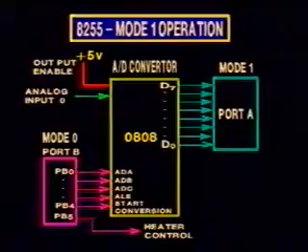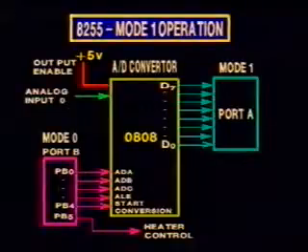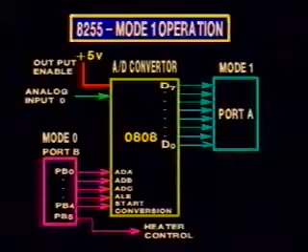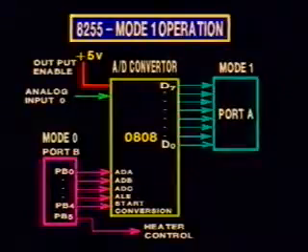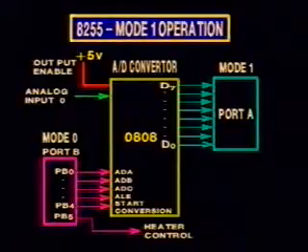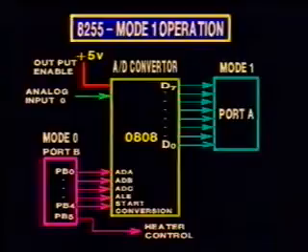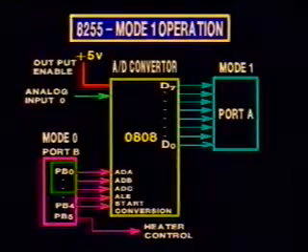The 0808 can take in 8 analog channels. To select any one of them, the device needs a 3-bit address. For example, to select channel 0, the address is 000. First, this address is put out through the bits PB2, PB1 and PB0.